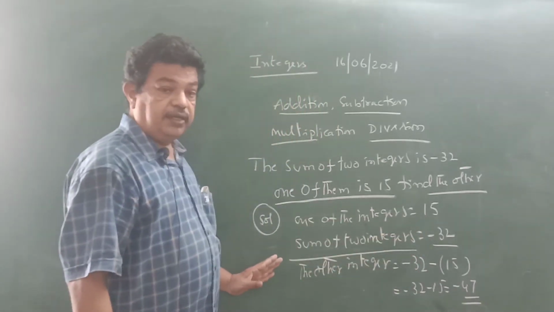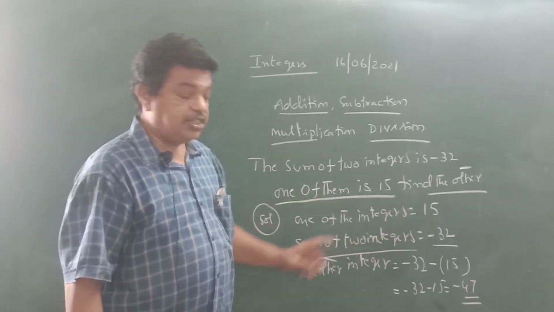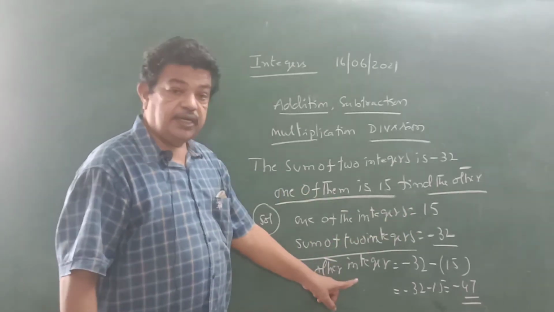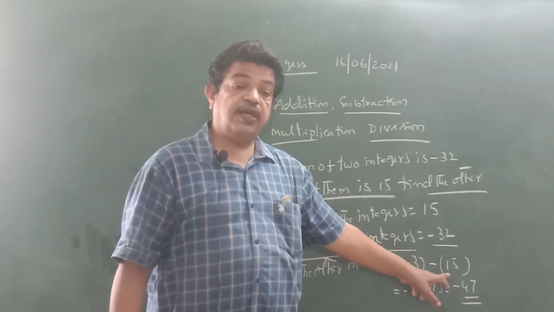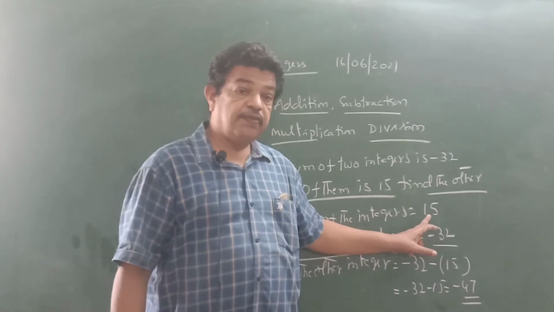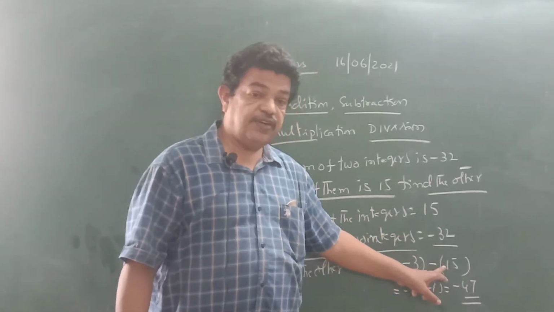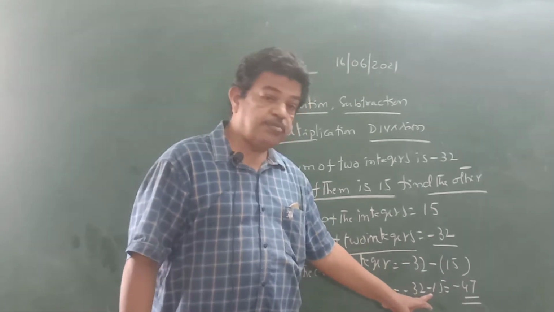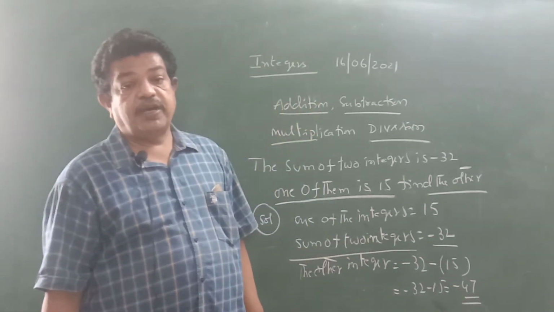Here you are observing one of the integers is 15. The sum of the two integers is minus 32. We want to find the other integer. So from the sum of two integers, you have to subtract one of the integers. What is one of the integers? 15. What do you have to do? Subtraction. Minus of inside the bracket 15 is having plus, therefore it becomes minus. So minus 32 minus 15, the other integer is minus 47.